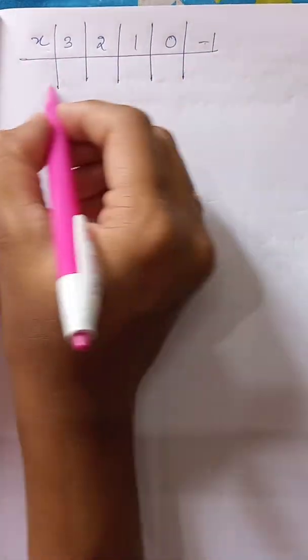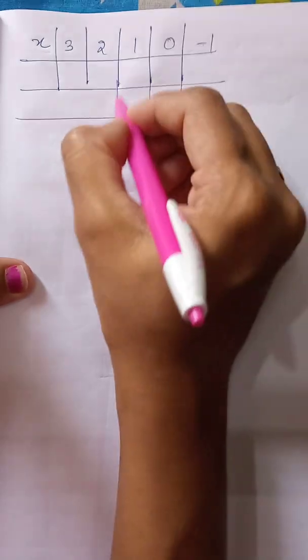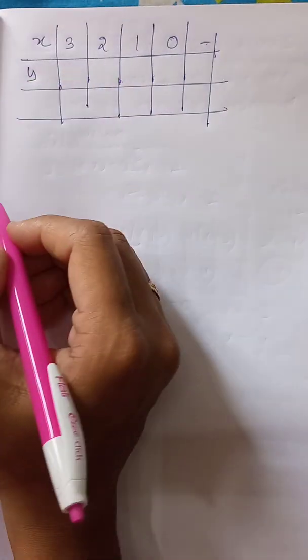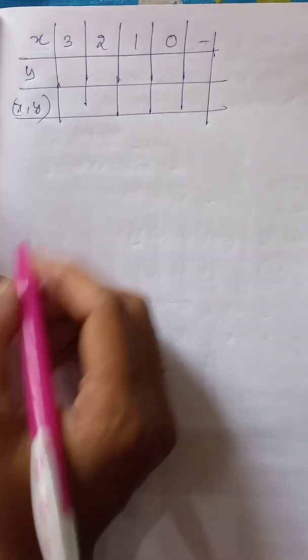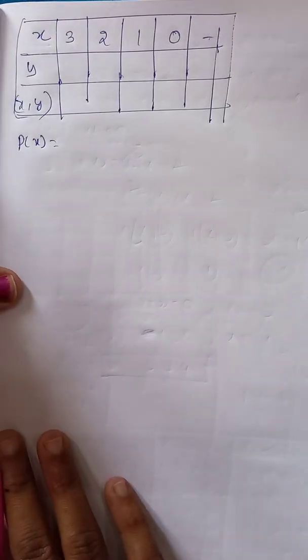Now if we substitute x values in the given polynomial, then we get y coordinates. So x comma y. First, p of x equal to, what is the given polynomial?